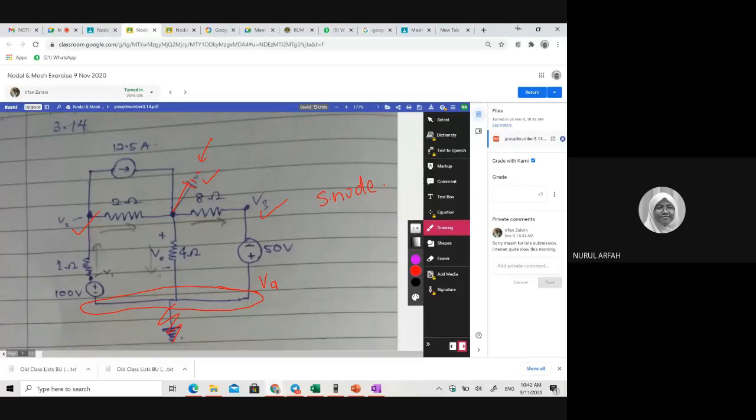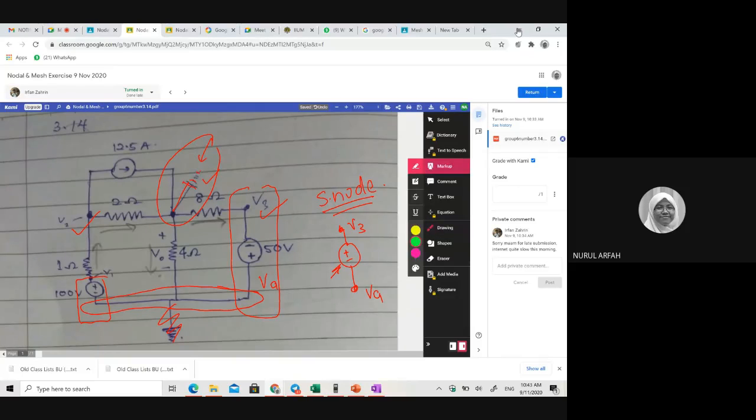And then if you put VA here, then you will create some trouble because a super node is when you have a voltage source, regardless of this independent or dependent voltage source, as long as this is a voltage source in between two unknown nodes. So like this one V3 and this is VA. You have one super node here, and then another one V1 and VA here because there's two, right?